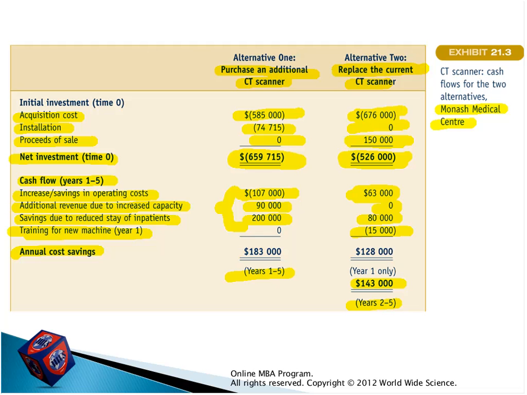So you must concentrate on all the cash inflows and outflows of each project. In the first project we have savings or profits of 183,000. In the second project we have 128,000 and 143,000. And we can make comparisons with our investment costs.